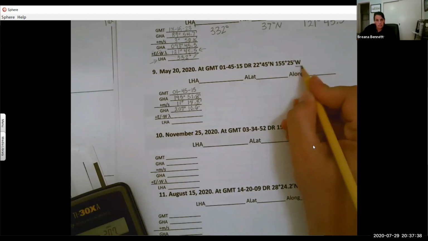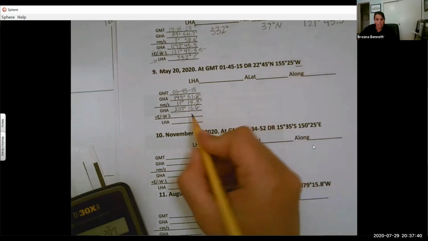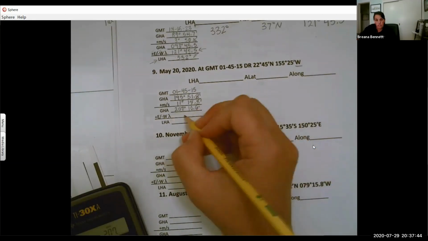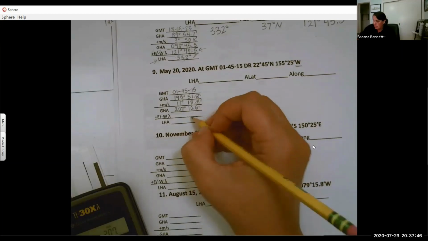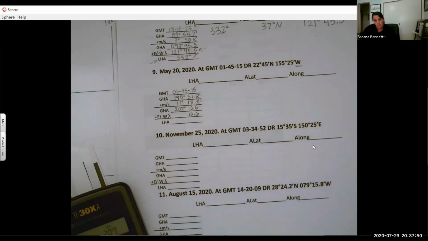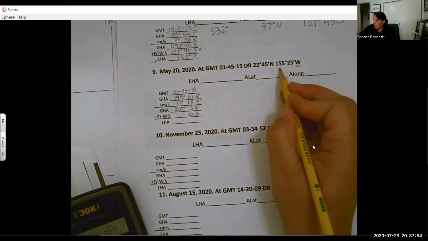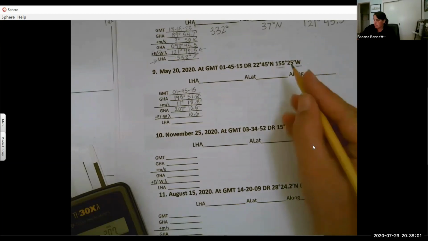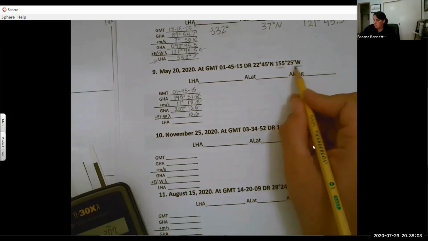So again, I'm going to be subtracting. So I know that my assumed longitude is going to be ending in 10.6. And now I have to decide what is closest to 155. Is it 155, 10.6, 154, 10.6, 156, 10.6?